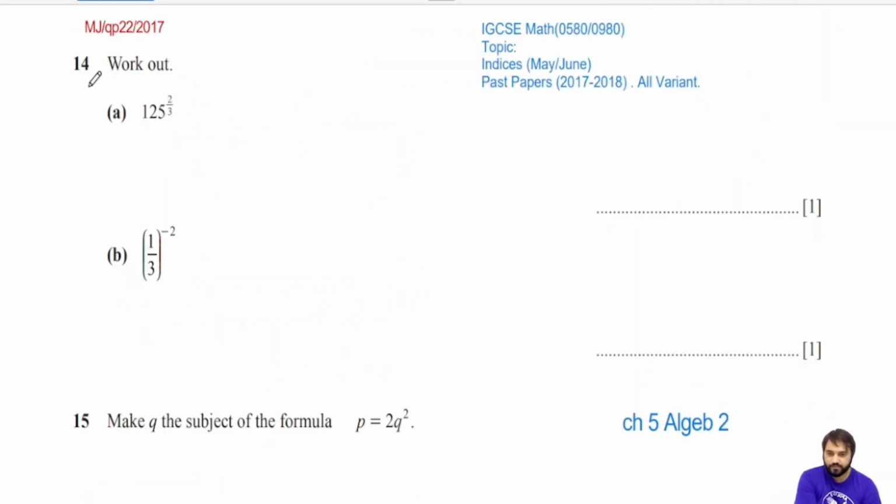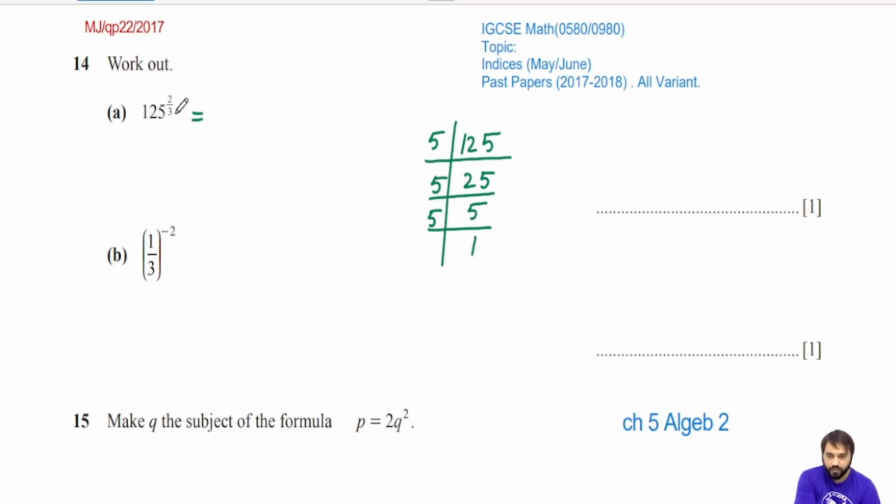The next question is question 14 that appeared again in 2017. The question paper was 2 and the variant was again 2. Work out 125 raised to power 2 over 3. So what we have to do is make prime factorization here: 5 2 times, 5 5 times 25, and 5 1 time 5.